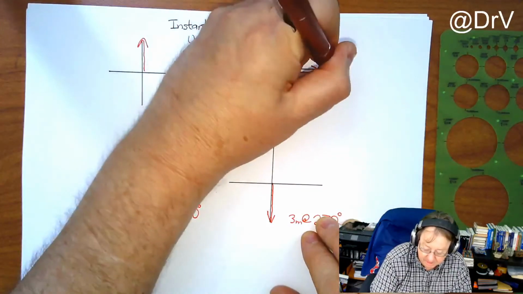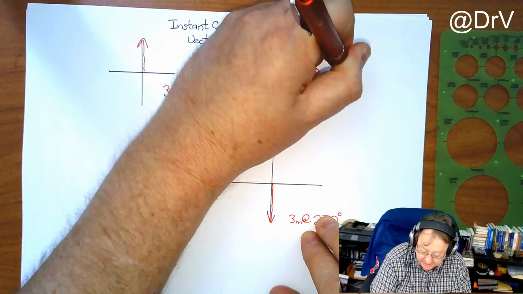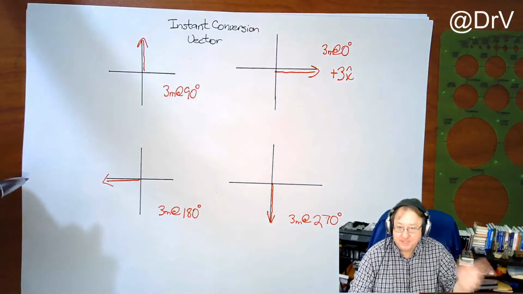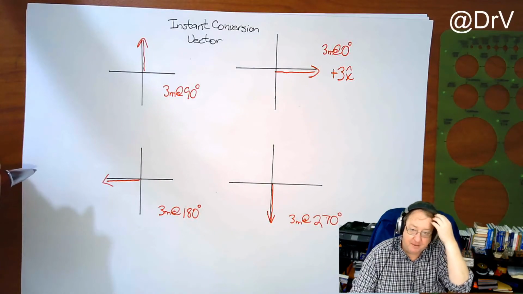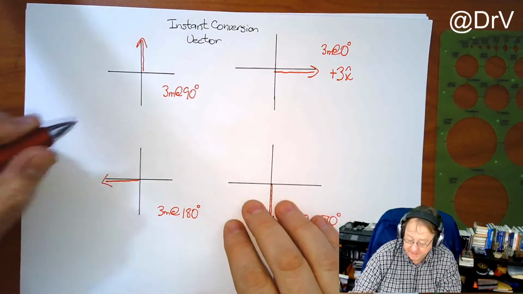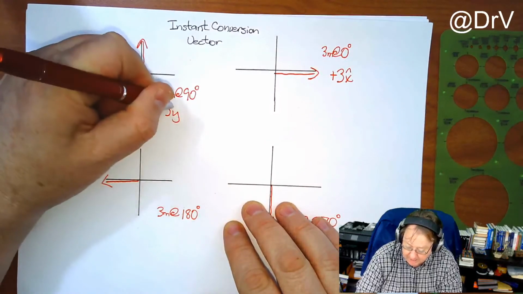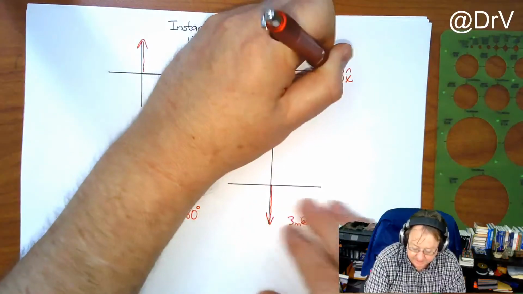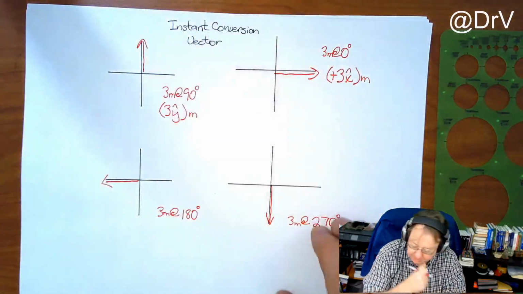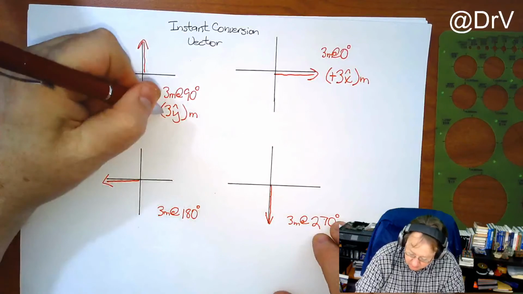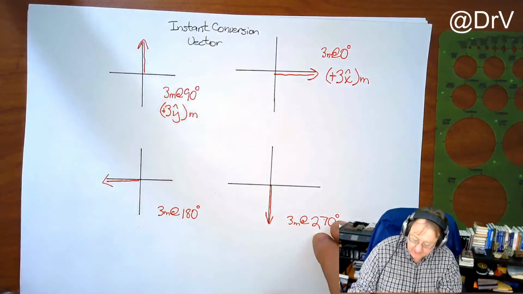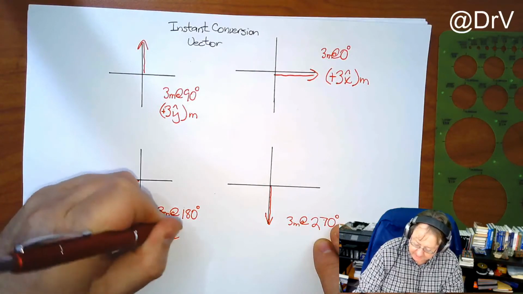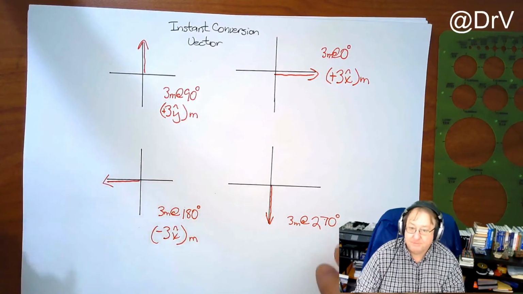3 meters at 0 is positive 3 x hat. That 3 meters at 0 degrees is the same as positive 3 x hat. The 3 meters at 90 degrees is 3 y hat. Now, if I was being picky, I'd put the units on the outside. But your tests are going to be all multiple choice. So now this one is negative 3 x hat meters.